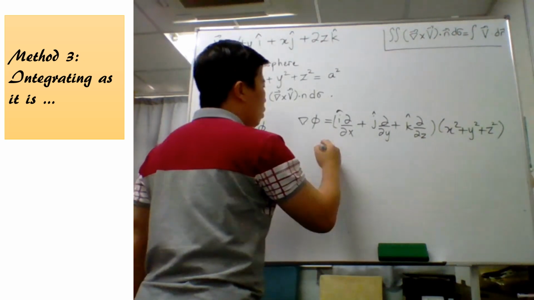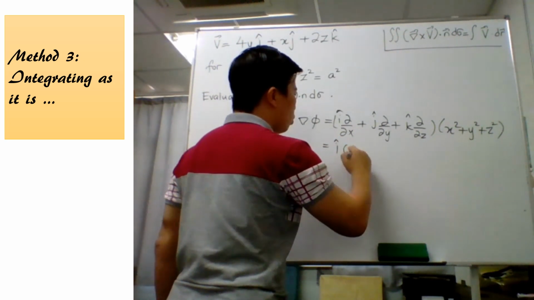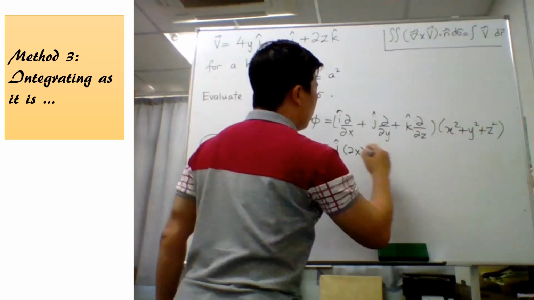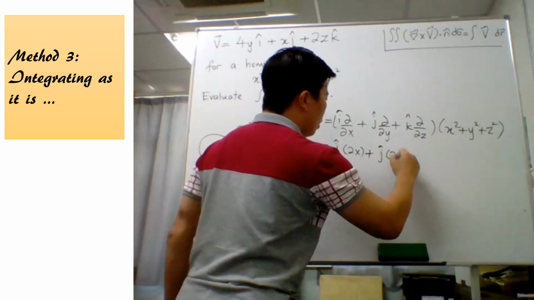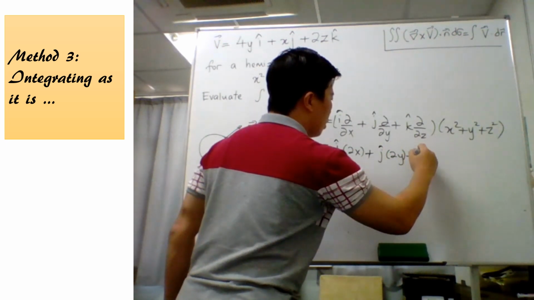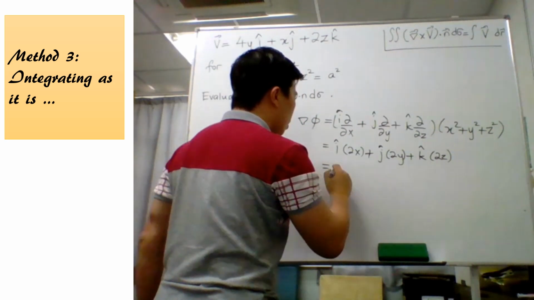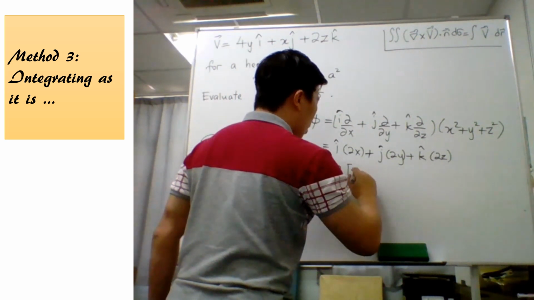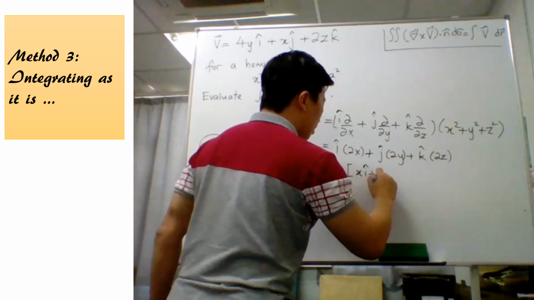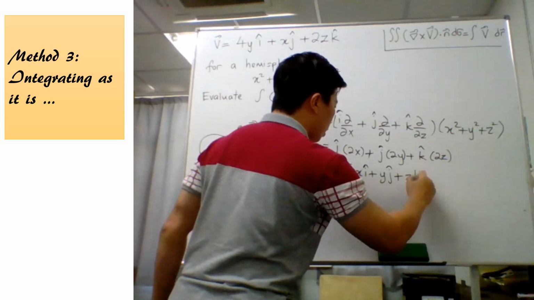And here you will have i 2x plus j 2y plus k 2z, which equals 2 times xi plus yj plus zk.